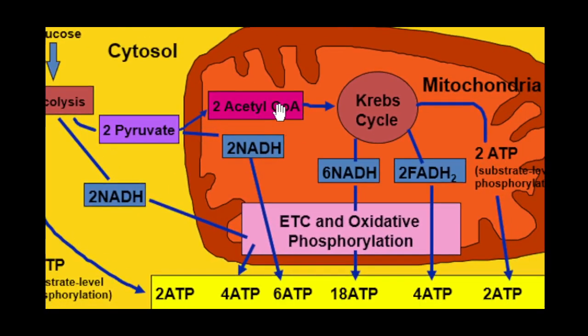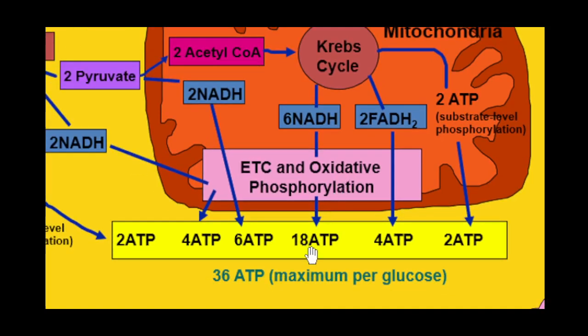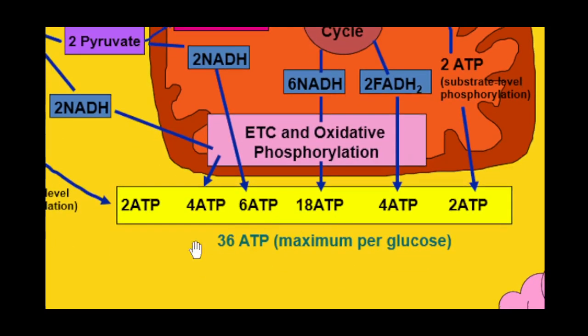Okay, and then after that, Krebs cycle will happen. Okay, so there is the creation of ATP, FADH, and NADH, and this will go now to ETC and oxidative phosphorylation to create 18 ATP. So all in all, if we add all the ATPs made, that gives us 36 ATP maximum per glucose.